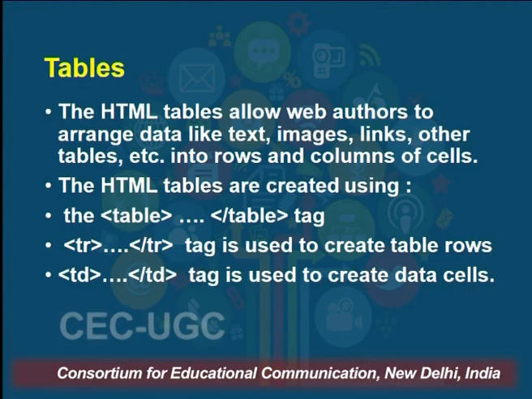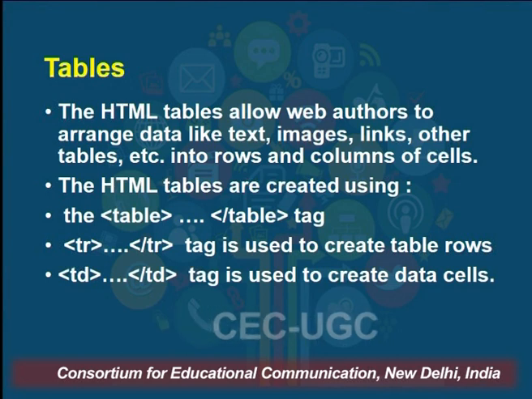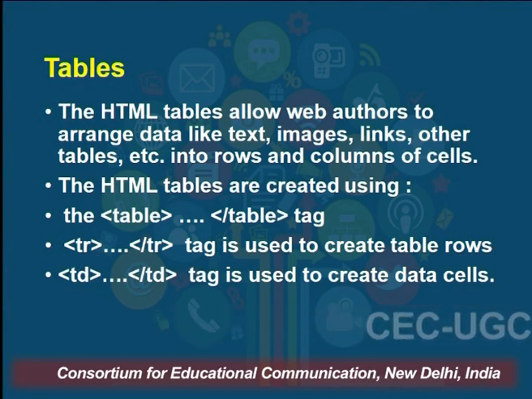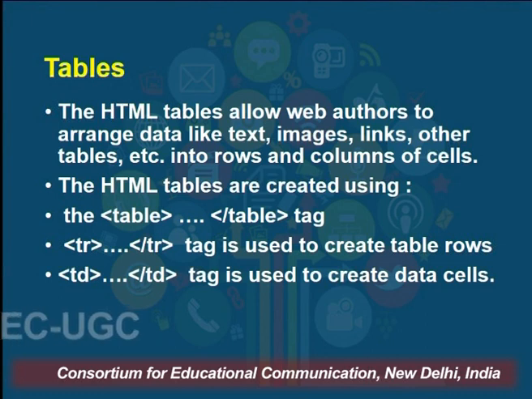What is a table? We all understand a table is a two-dimensional array, a two-dimensional grid which has rows and columns. So, you can create a table on an HTML page using the table tag. The table tag is basically a container tag, therefore you need to close the tag also. So, you have an opening table tag and a closing table tag.